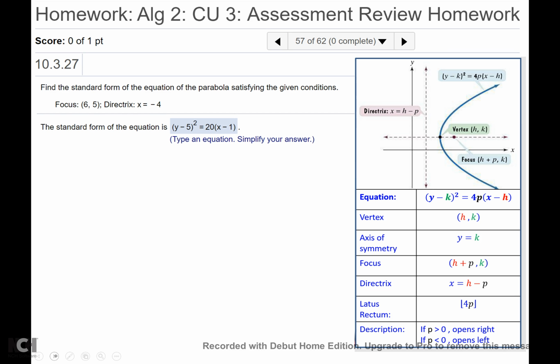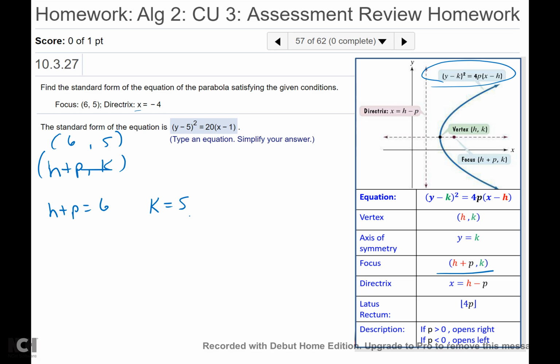Alright. Find the standard form of the equation of the parabola satisfying the given conditions. It says the focus is 6, 5. The directrix is x equals 4. When your directrix starts with x equals, I know I'm in the y squared function. So I use these notes. If they give me my focus, they're giving me my h plus p comma k. They're telling me that h plus p equals 6 and that k equals 5.